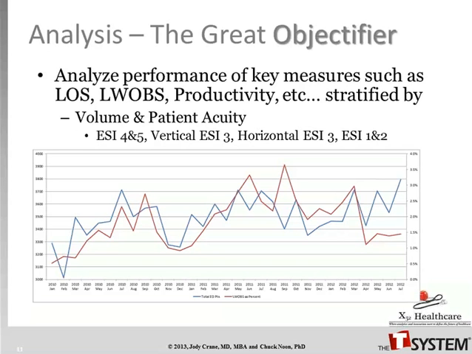And so you begin to understand things like volume and leave without being seen. I mean, there's a clear correlation for this particular ER that was in North America: when their monthly volume upticked, there was no question there was a higher proportion of patients who left without being seen.